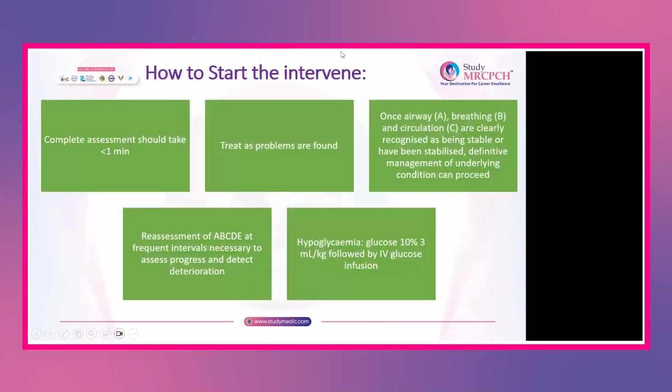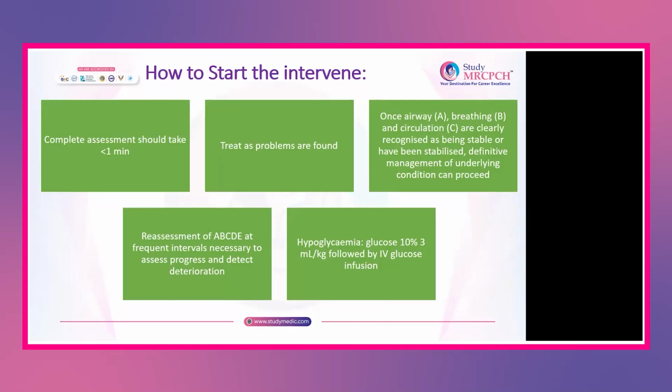How will we intervene for our critically ill child? We will complete our assessment, which we mentioned before, in less than 1 minute. We find the problem, meaning we identify the issue in all three parts of the primary assessment: airway, breathing, and circulation.